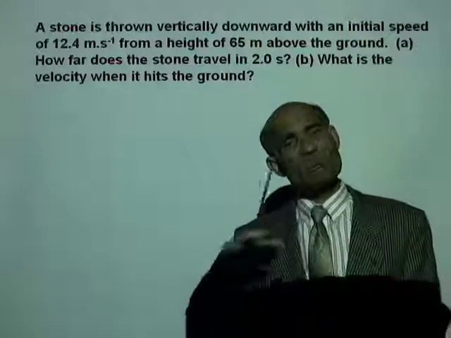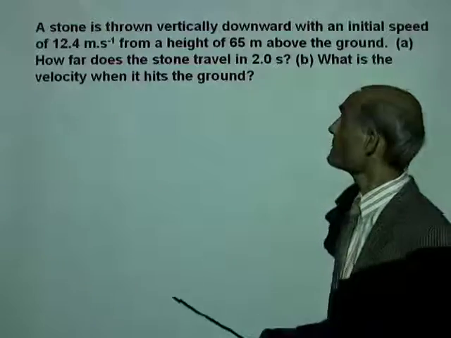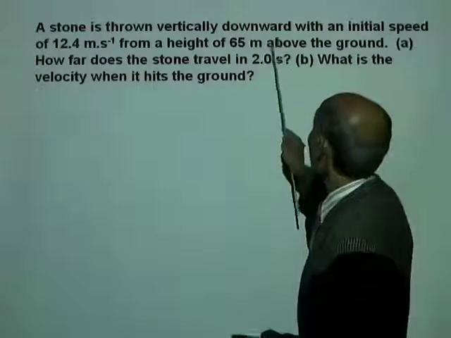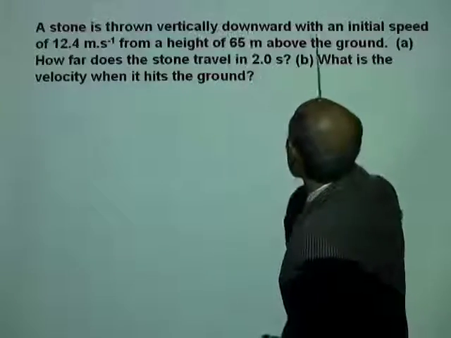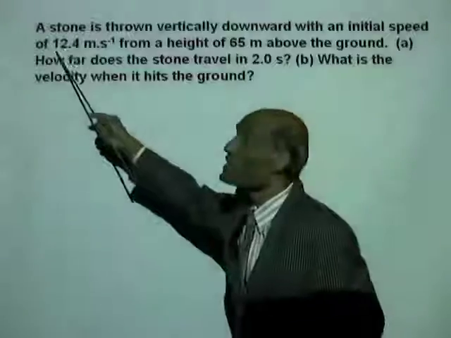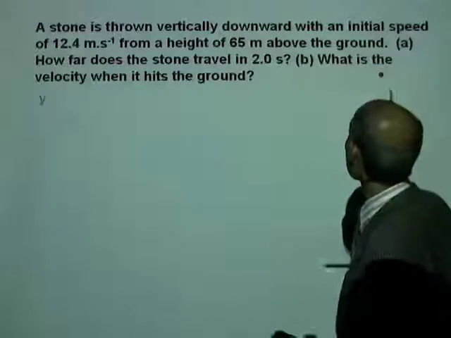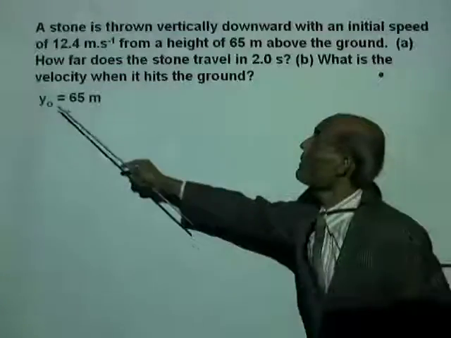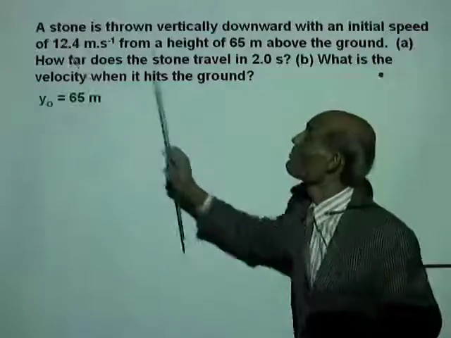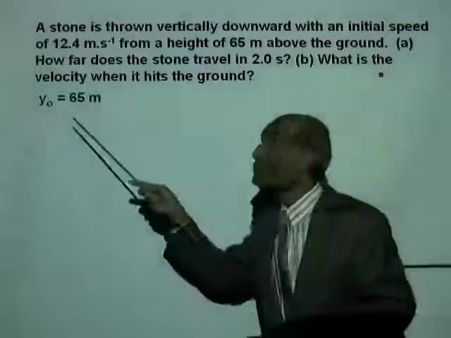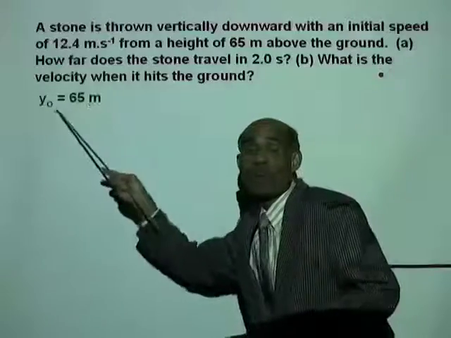Okay, can you help me pick the data? It's not very difficult. A stone is thrown vertically down with an initial speed V0, equal to 12.4 meters per second, from this position.